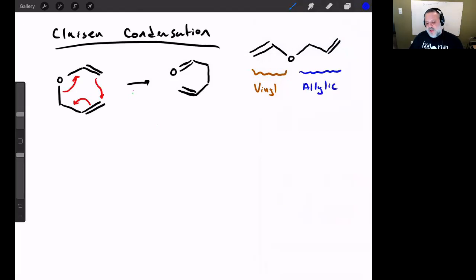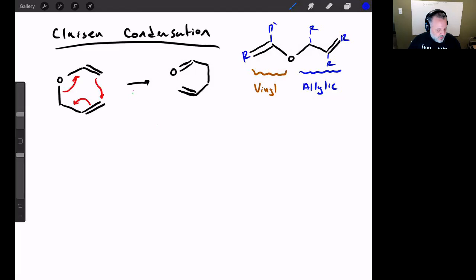And so it's when you have this situation. This is the simplest version of it. This could be an R group here. This could be an R group here. There could be other R groups along the chain. And that's when things really get complicated.